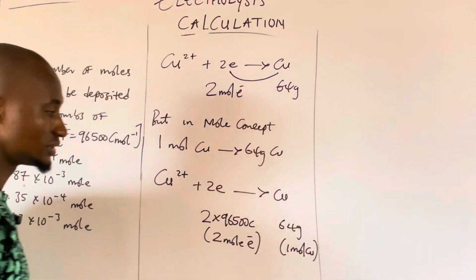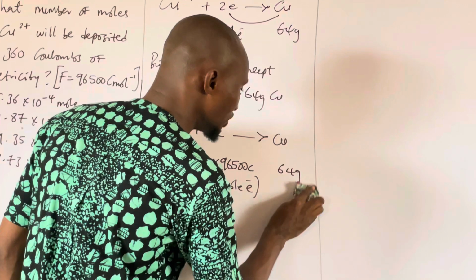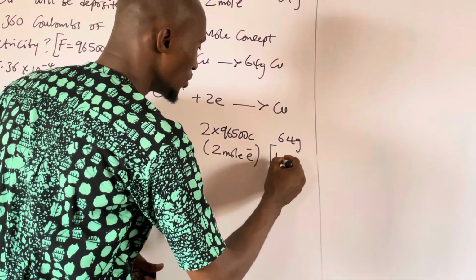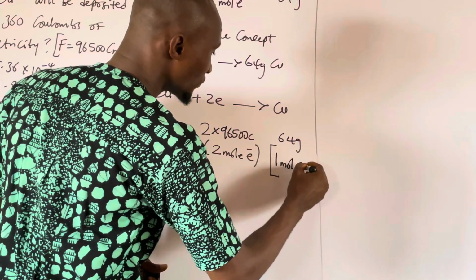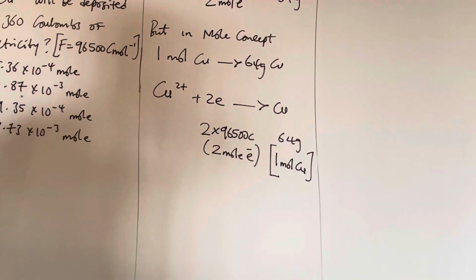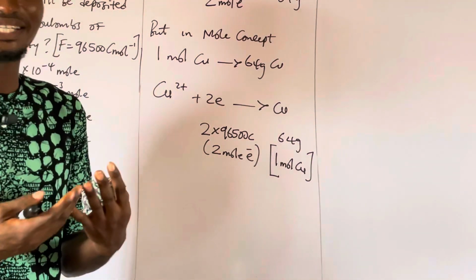Did you understand? Let me space it so that you understand it better. This 64 gram means 1 mole of copper. Did you understand now? Because the question is, we are not asked to find gram, but rather mole.